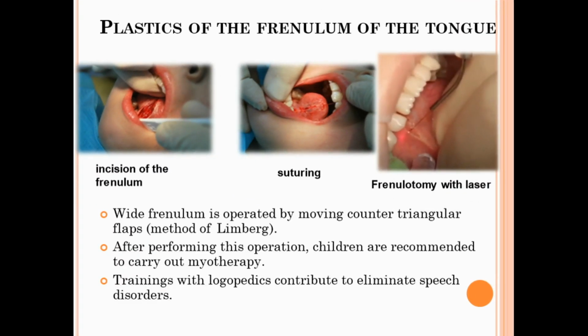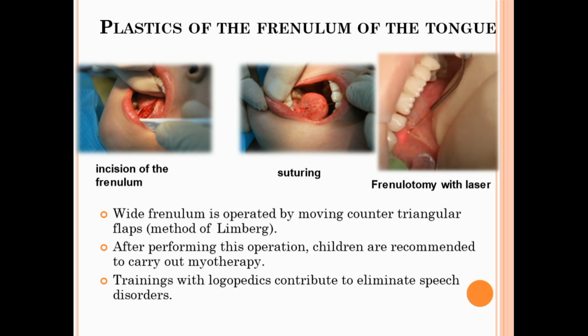A wide frenulum is operated by moving quarter triangular flaps. After the dissection of the frenulum in young children, the muscles of the tongue retract. In older age, it is more difficult to overcome ingrained habits.